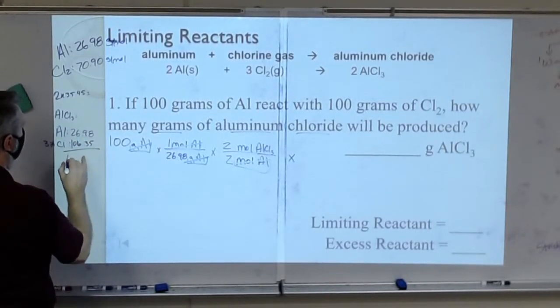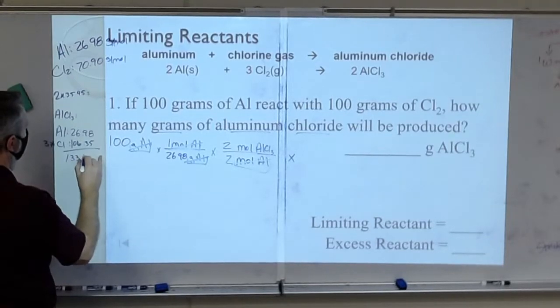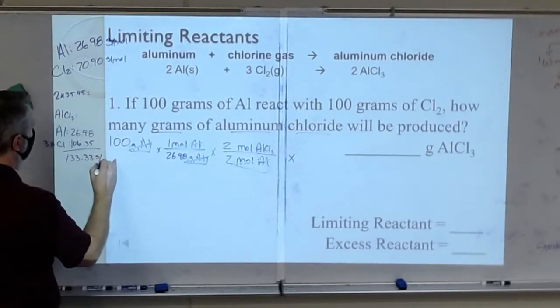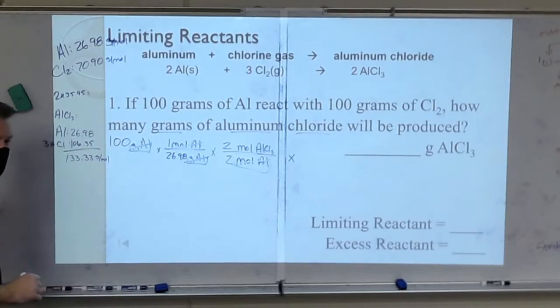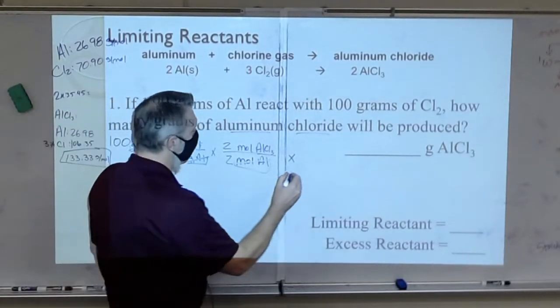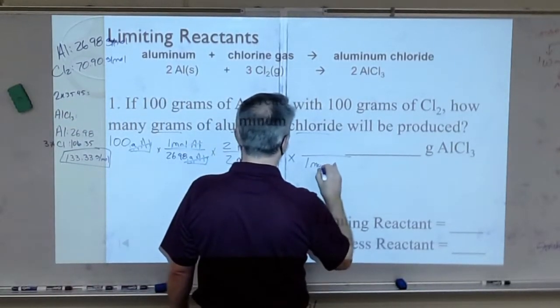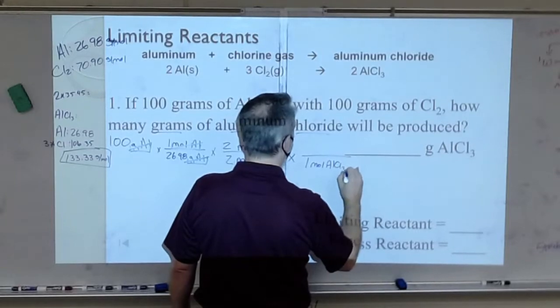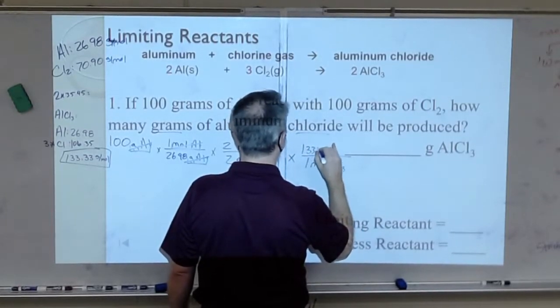So that equals 133.33 grams per mole. Go over here. 1 mole of AlCl3 is 133.33 grams.